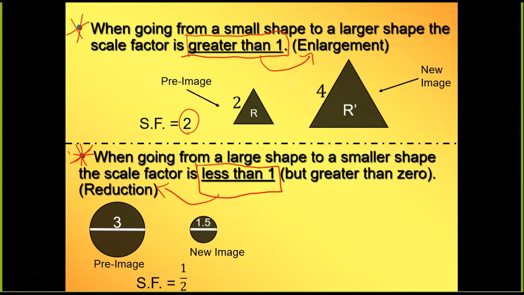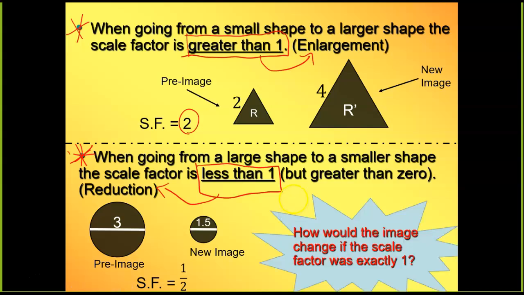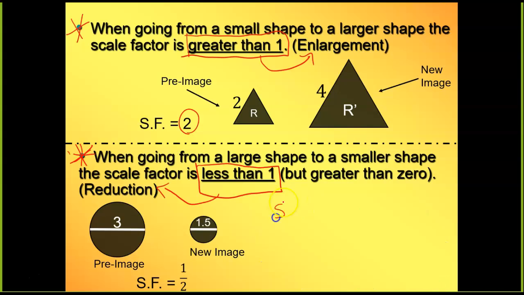So let's talk about scale factor. I'm going to give you a couple of different scale factors. What if I told you my scale factor was 3/4? Is that going to be a reduction or an enlargement? That'll be a reduction. How do you know?